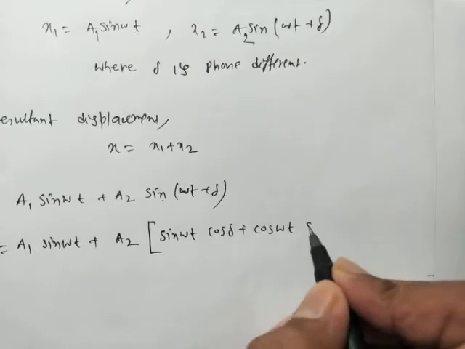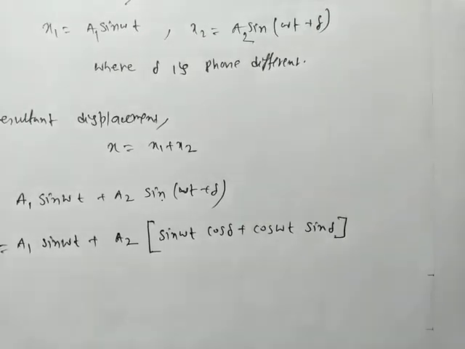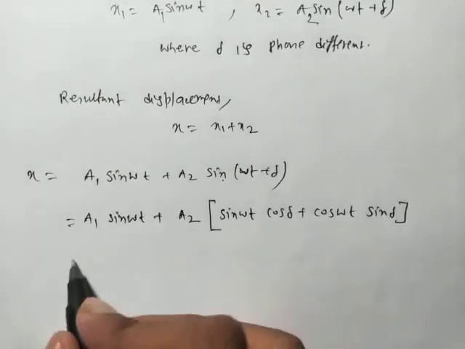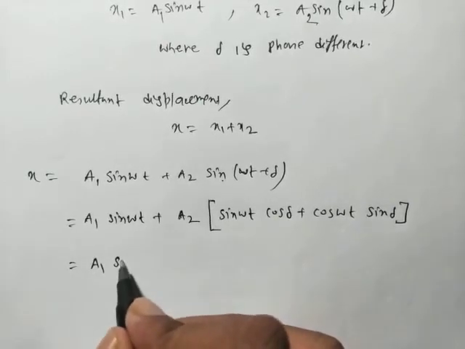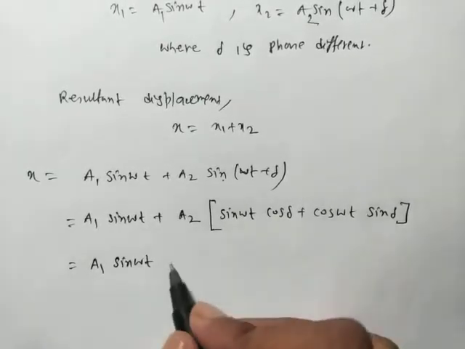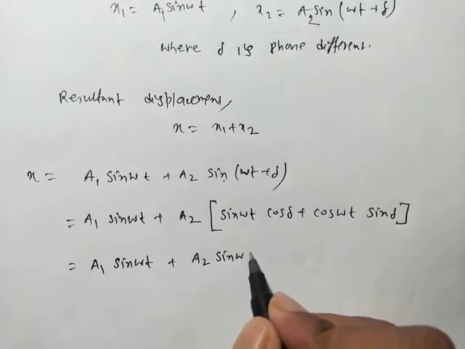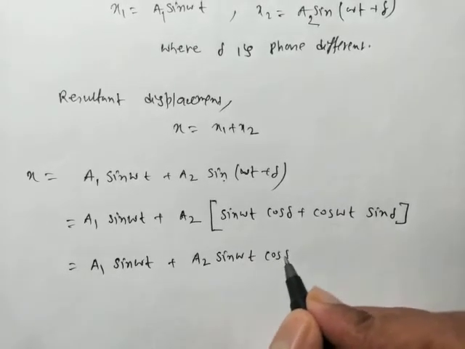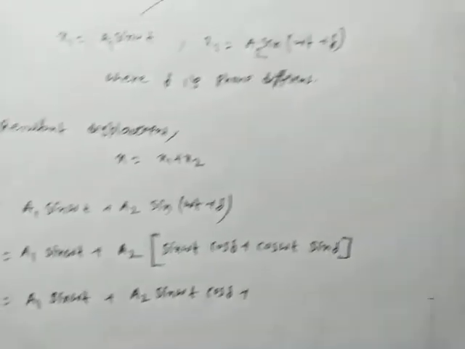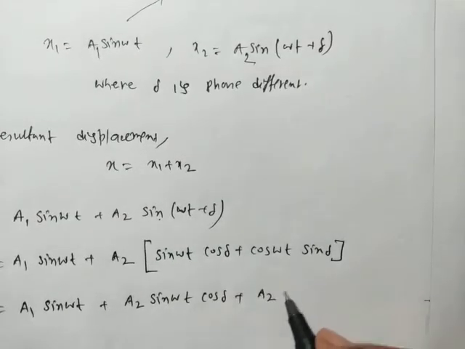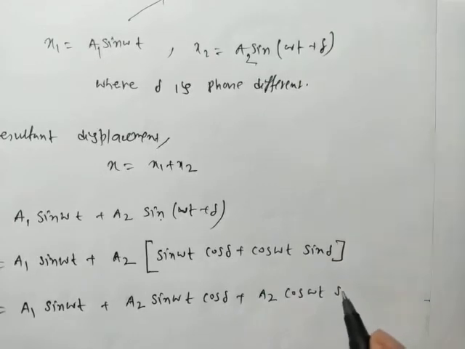So x equals a1 sin omega t plus a2 sin omega t cos delta plus a2 cos omega t sin delta.